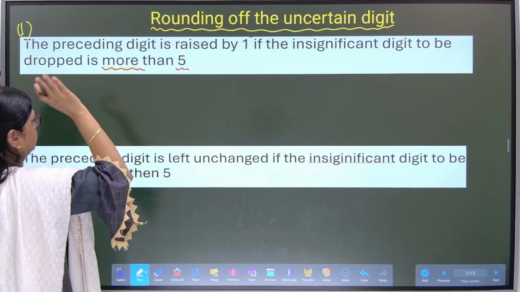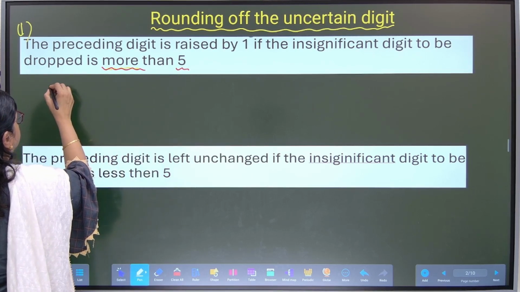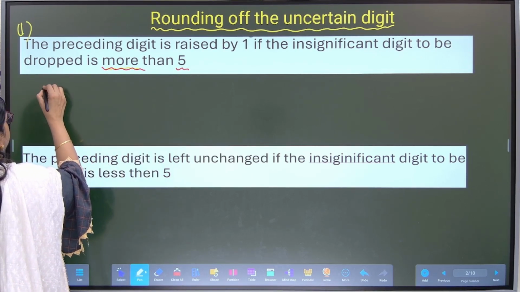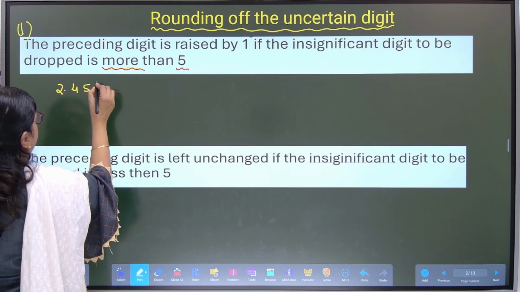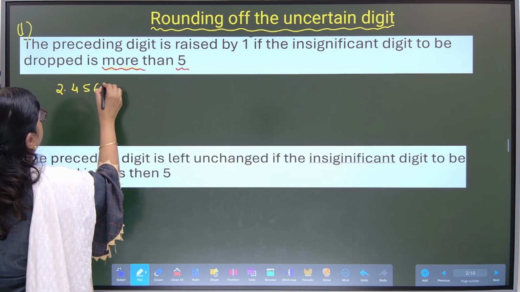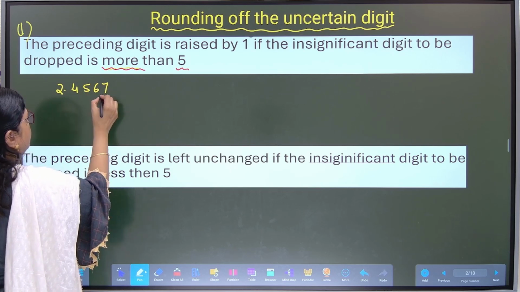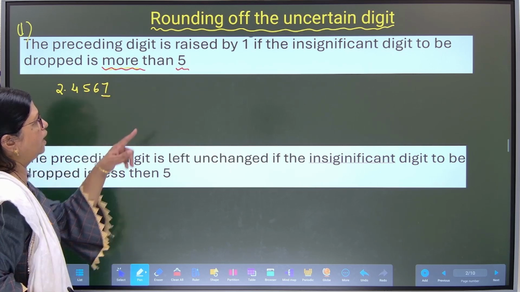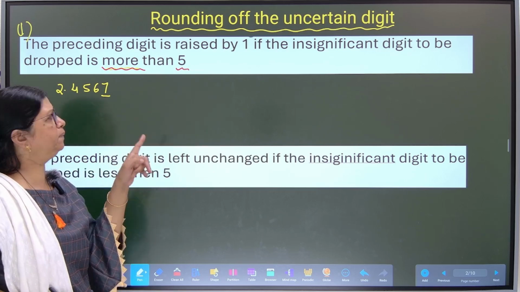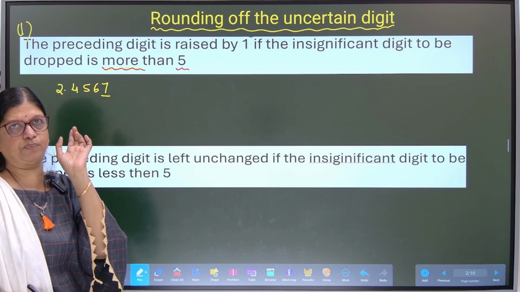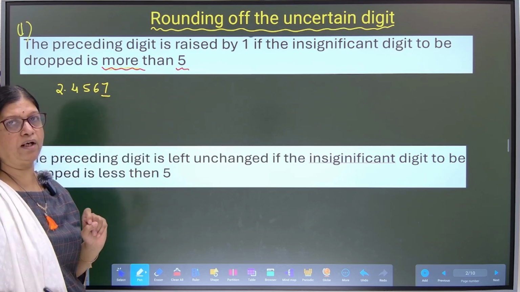So let us take such an example. Let us have one measurement, 2.4567. Now let me show the insignificant or uncertain digit by a small dash below it. Now this has to be rounded off.